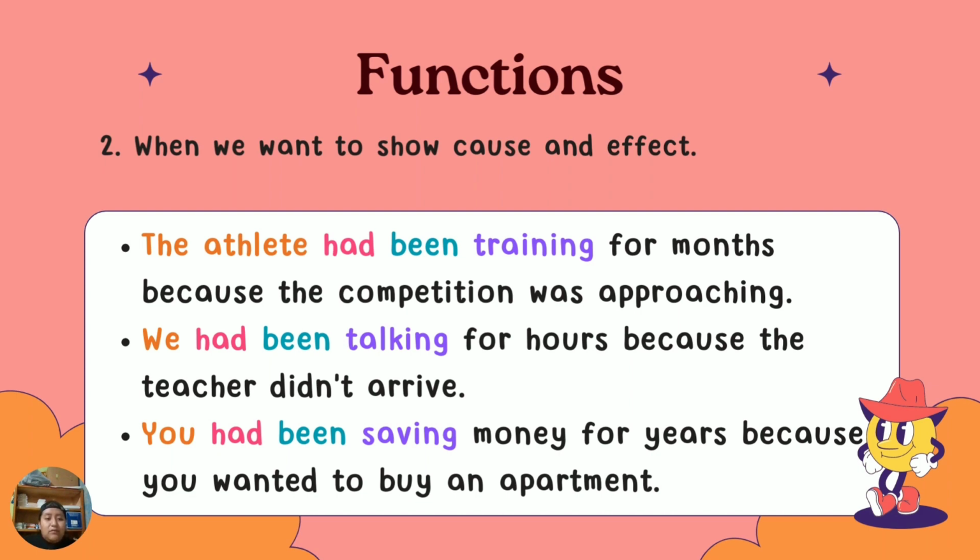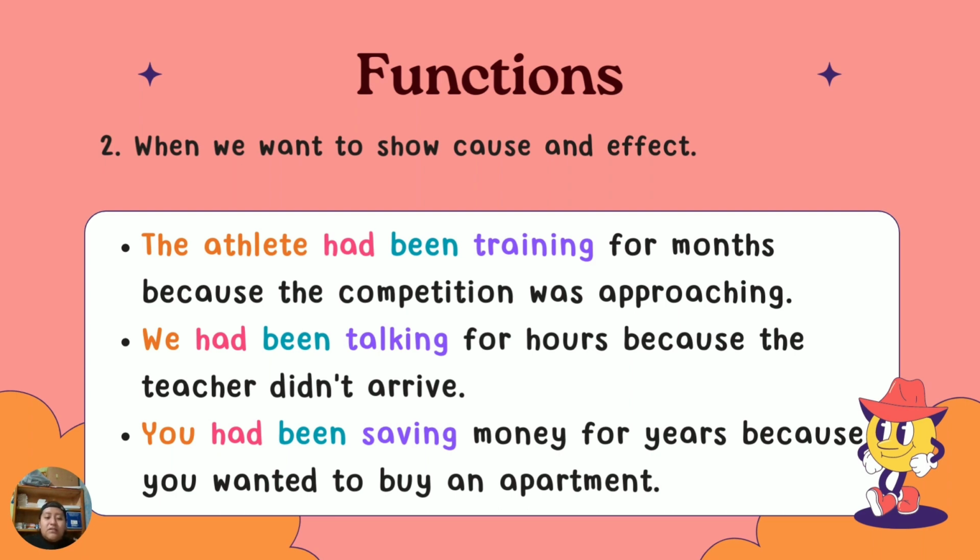Next example, we had been talking for hours because the teacher didn't arrive. The teacher didn't arrive. This is the reason why we had been talking for hours. Next example, you had been saving money for years because you wanted to buy an apartment.